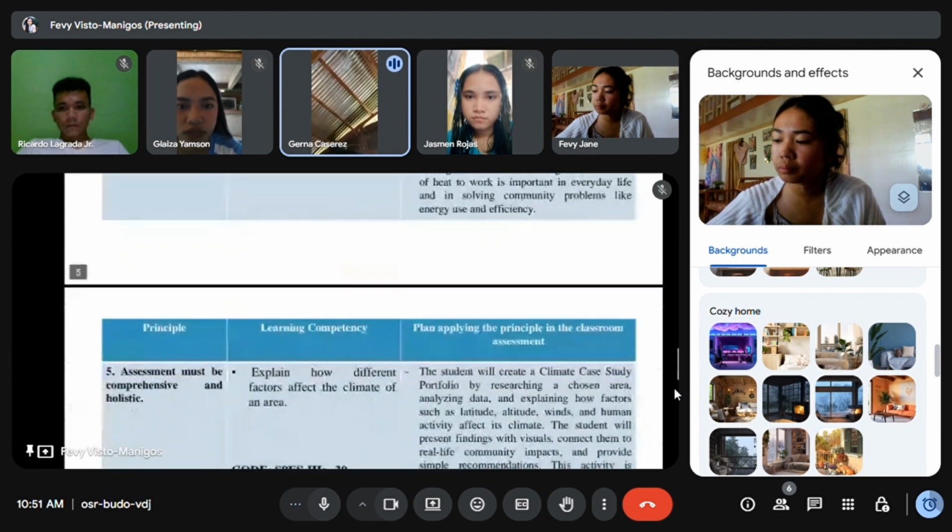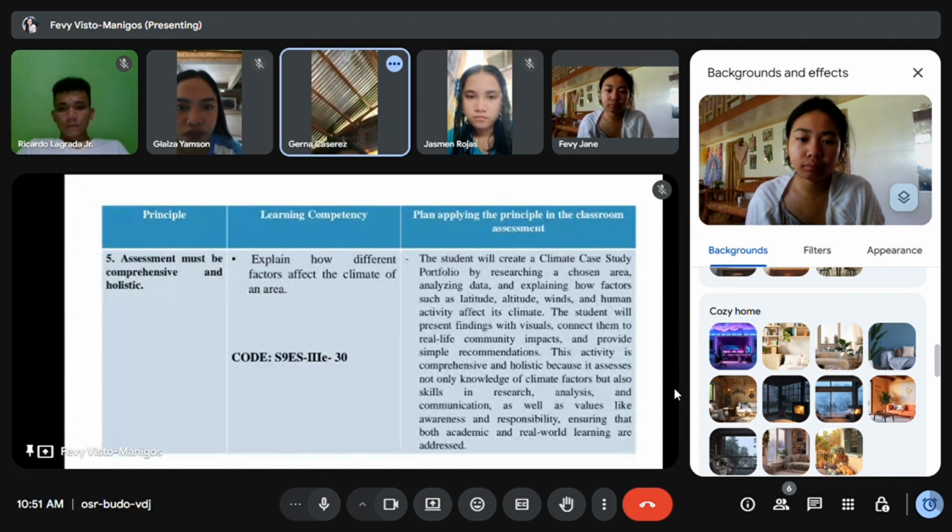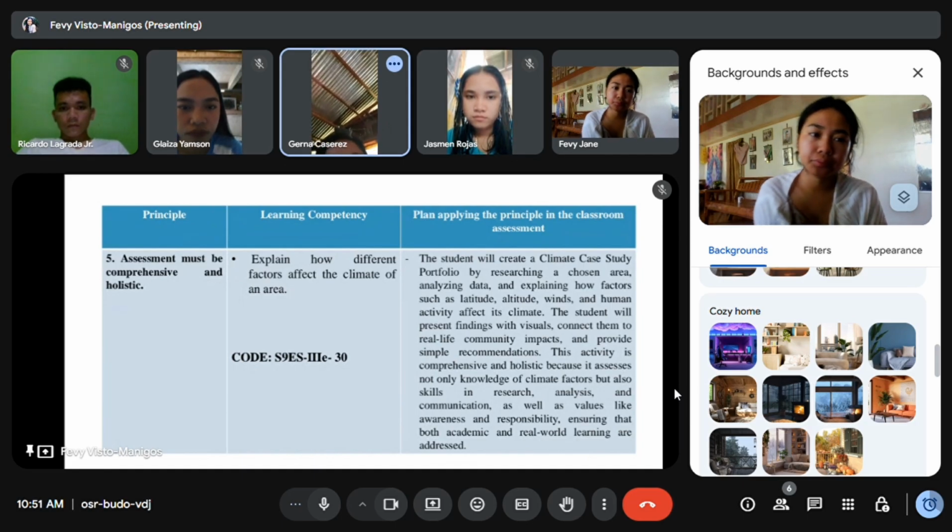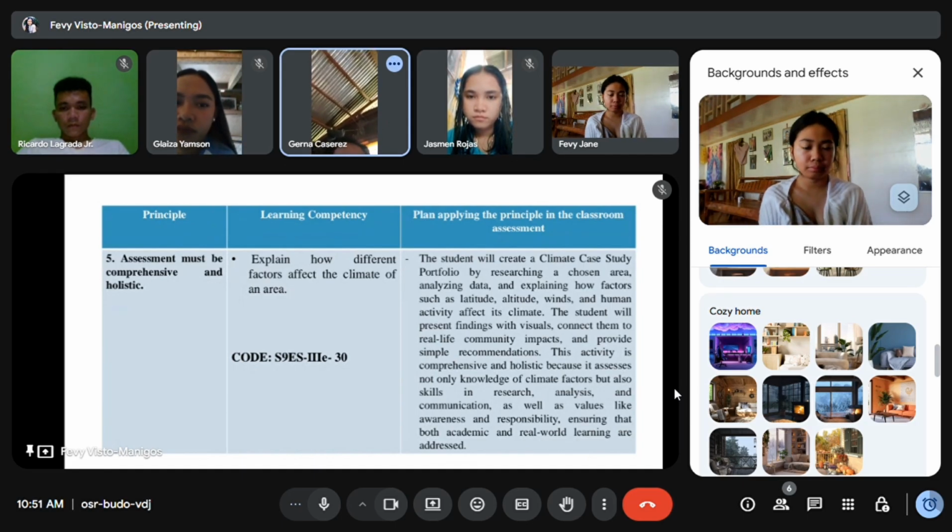And number 5, the principle we use is assessment must be comprehensive and holistic. In the learning competency, explain how different factors affect the climate of an area.